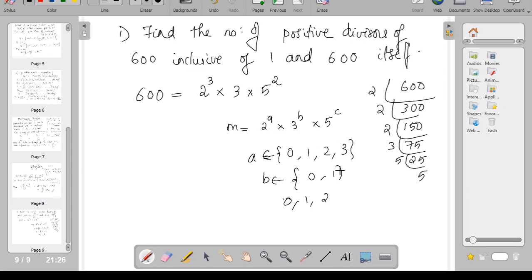So these are the possible number of ways in which these three events can occur.